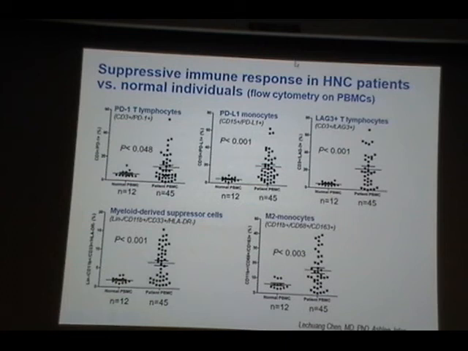Just by eyeballing those data, you can see that head and neck cancer patients have higher levels of PD-1 expressing T lymphocytes and higher levels of PD-L1 expressing monocytes. All of these are immunosuppressive molecules and immunosuppressive immune cells in the circulation.